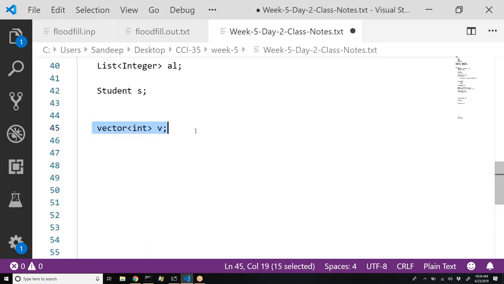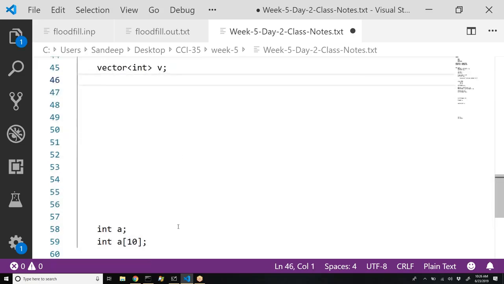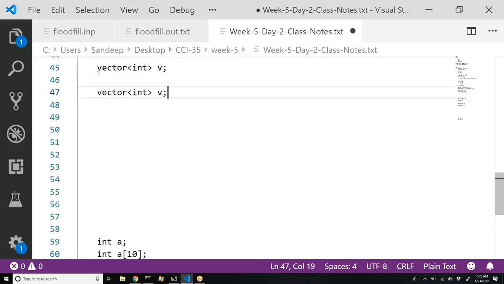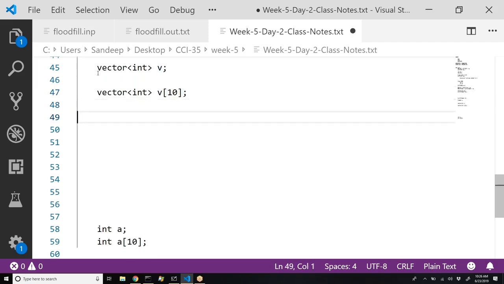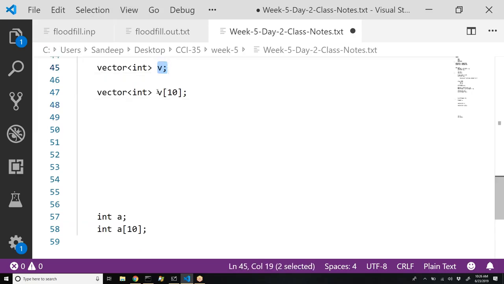If this is one vector, what will be array of 10 vectors? Can we correlate this one and understand? This is one vector, this is array of 10 vectors. This is one integer, this is array of 10 integers.